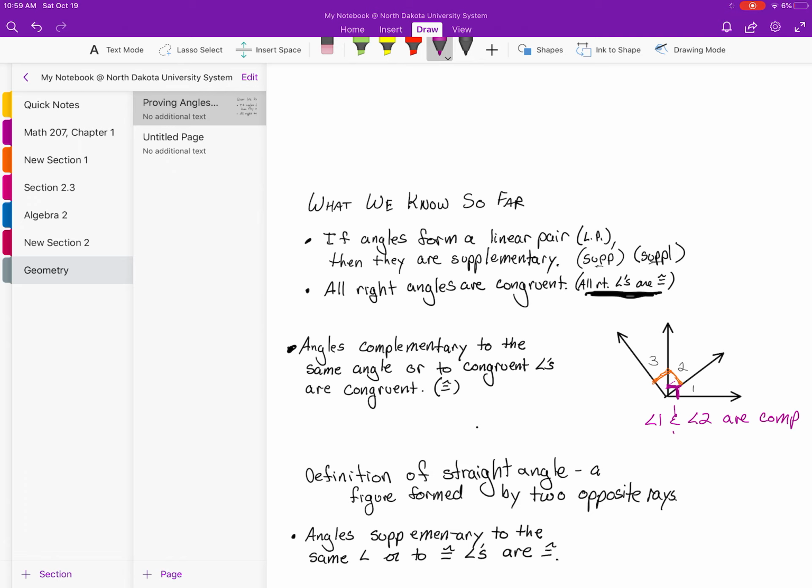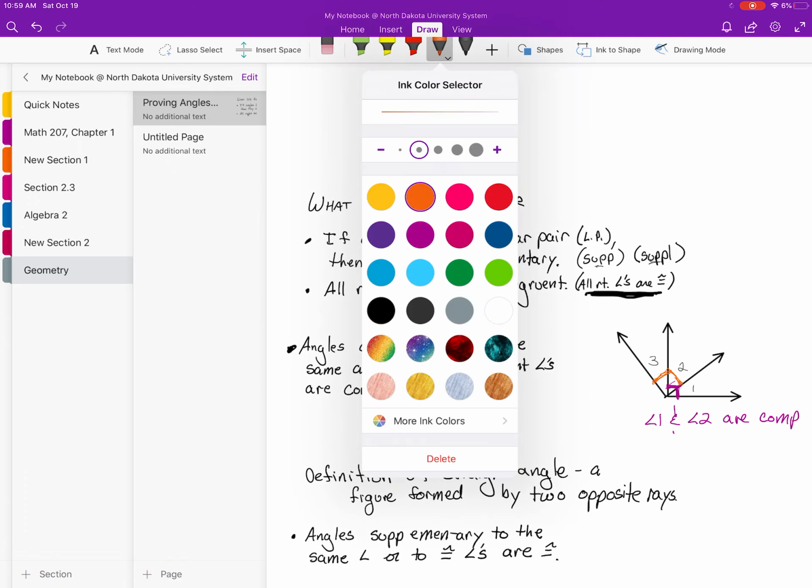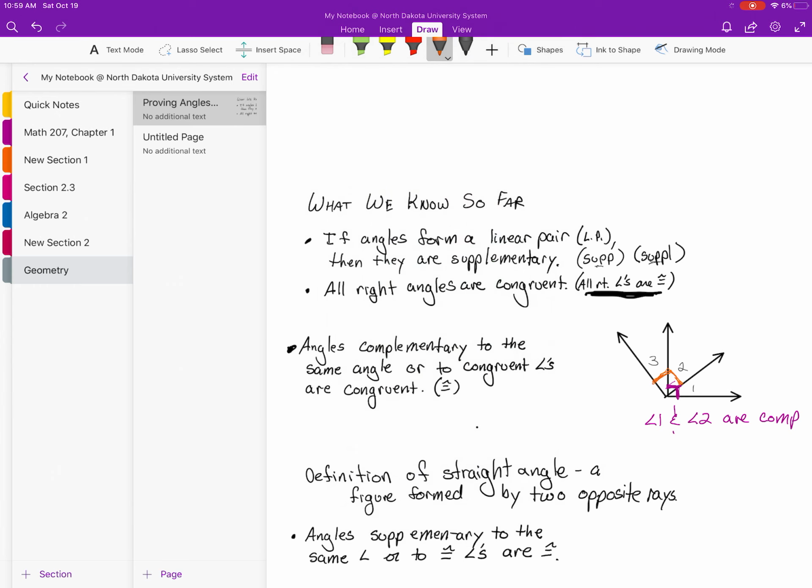Because they add up to 90 degrees. But look at this. 2 and 3 are also complementary because they add up to 90 degrees.